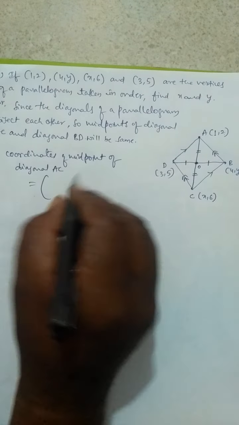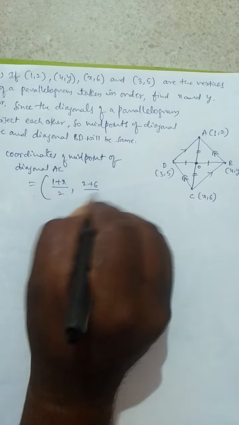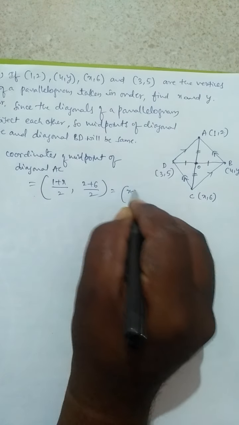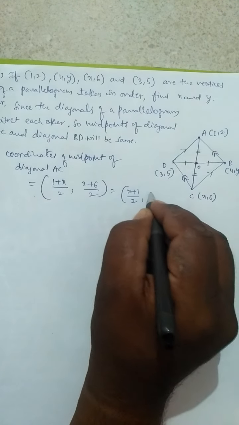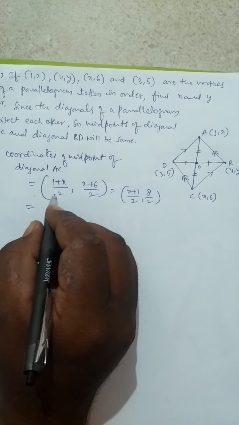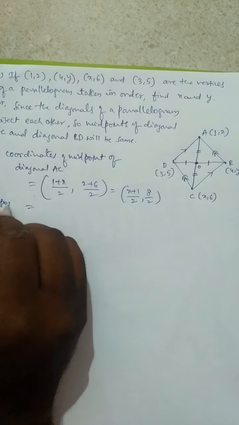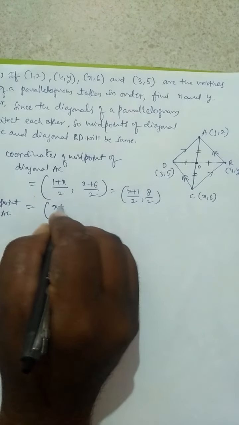So this is (1 plus x) divided by 2, (2 plus 6) divided by 2. So this is equal to (x plus 1) divided by 2, and 8 divided by 2. So midpoint of AC is (x plus 1) divided by 2.